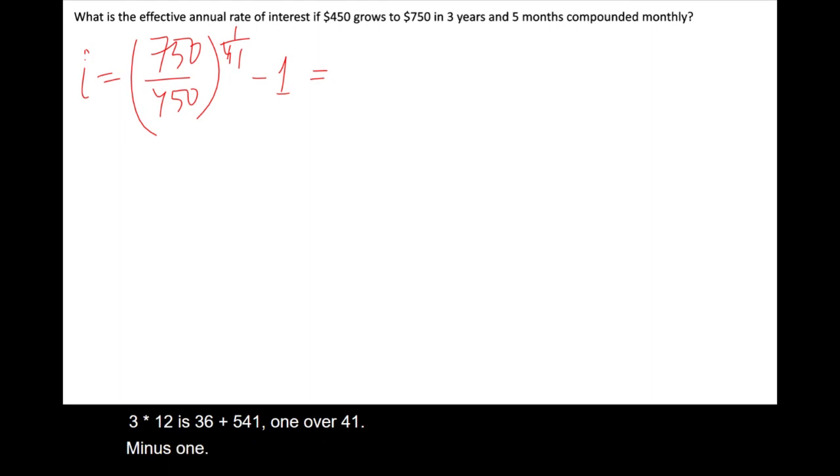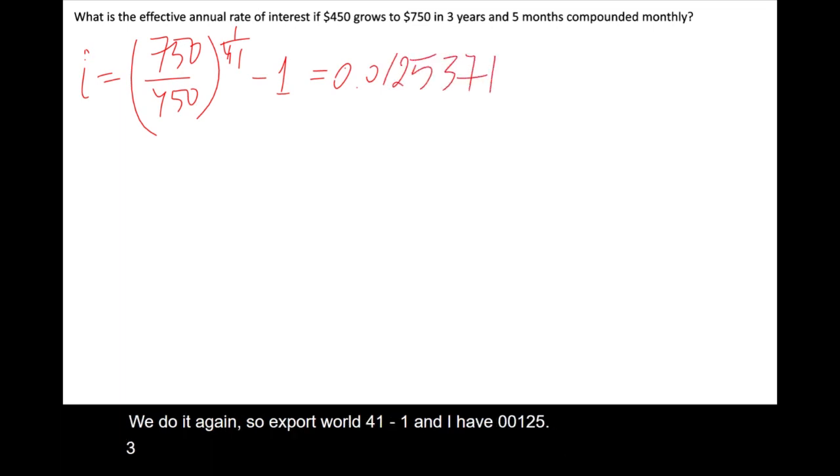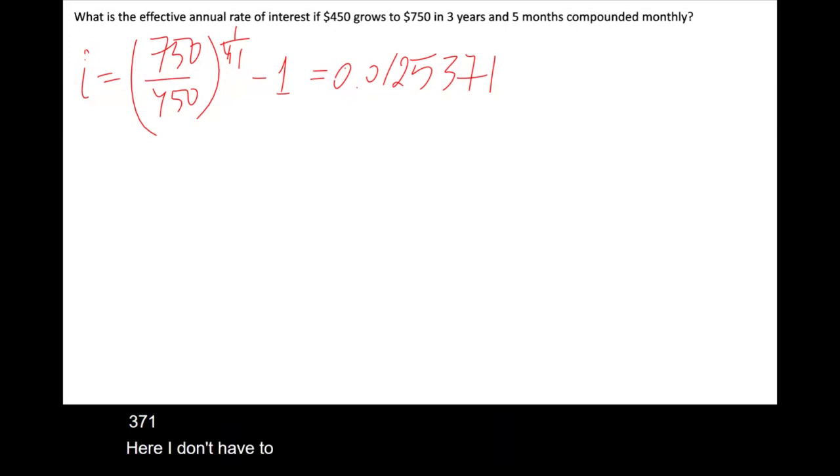So 750 over 450. Hold on. Let me do it again. So exponent 1 over 41 minus 1. And I have 0.0012 5371. Here I don't have to find j.